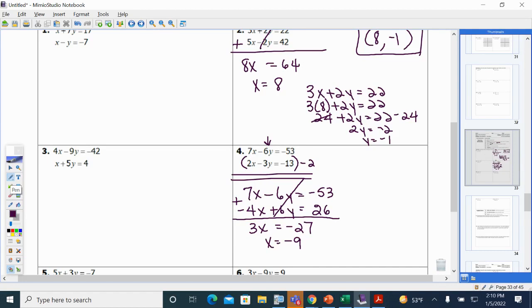So now that you've got x equals negative 9, to find the y value, we'll substitute that negative 9 into one of the two original equations. I'm just going to use that first one. So 7x is now negative 9, minus 6y equals negative 53. 7 times negative 9 is negative 63.